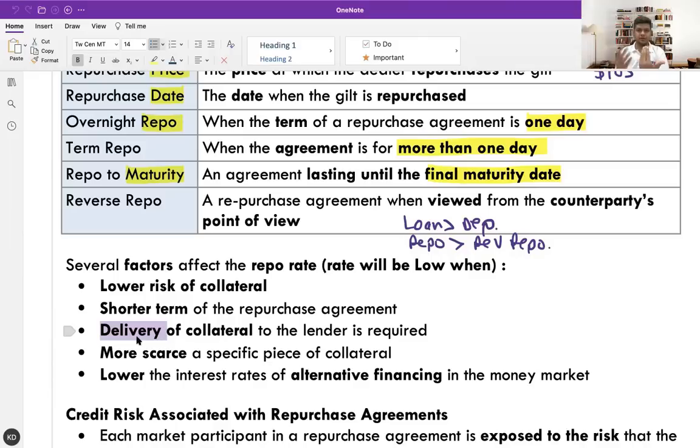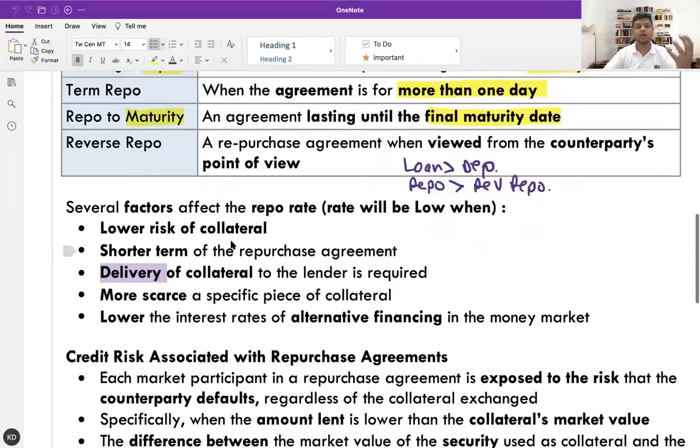What is safer? Delivering the collateral is better, right? So if you deliver that collateral, the lender will be more assured. So that's going to reduce the yield.